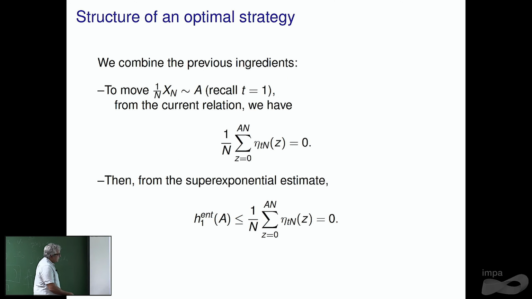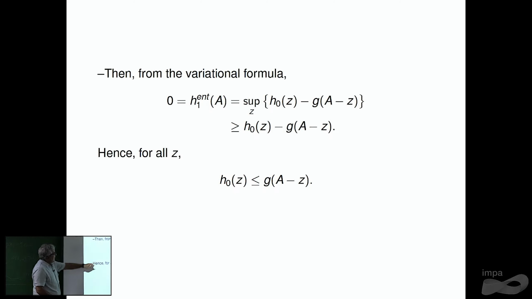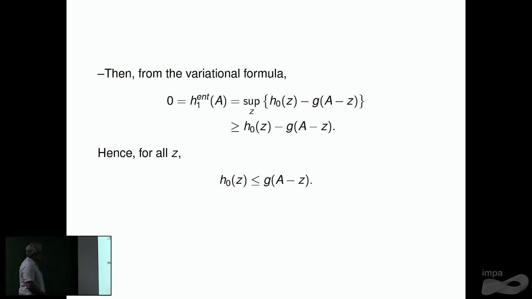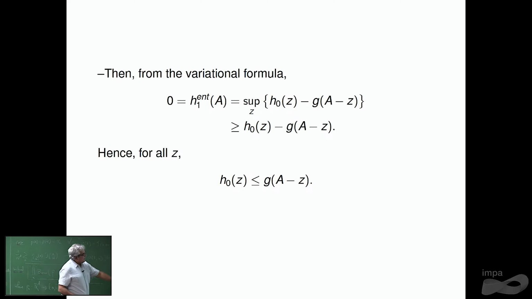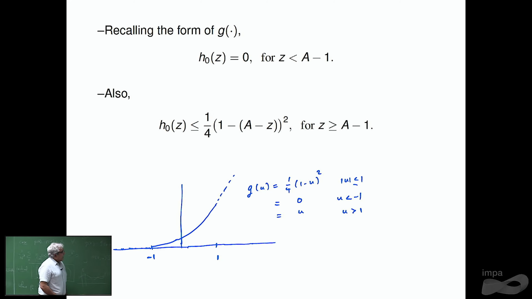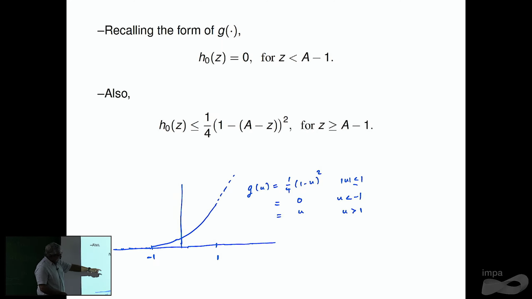So in the variational formula, this is the height function of the initial. So this is the integral of the initial density. That's what h0 of z is. And so this is giving you some bound on the initial density. The initial density has to satisfy that it's less than this g function, and the g function is 0 here, and it's looking like this here.